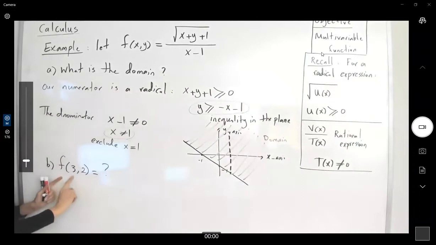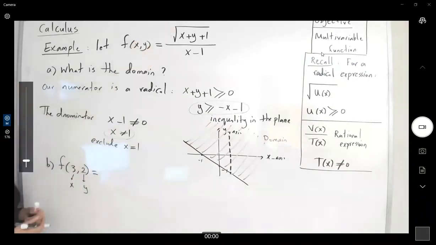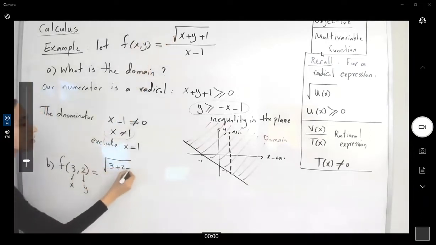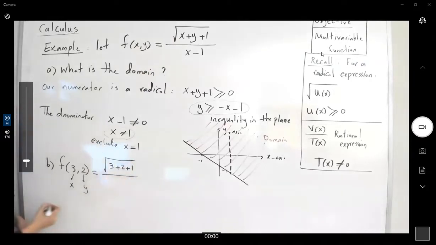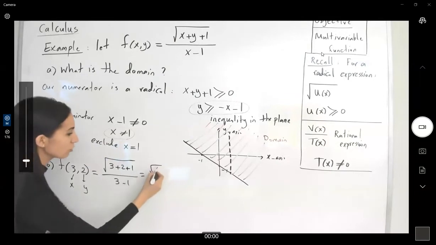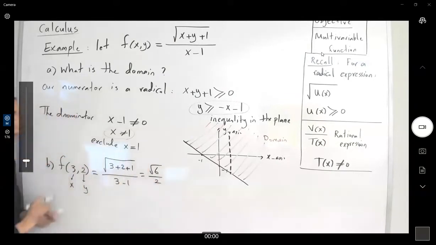What is f of 3 and 2? Your x is equal to 3, and your y is equal to 2. We have a nice formula here, so let's just plug that in. We have the square root of 3 plus 2 plus 1, divided by 3 minus 1, so the square root of 6 divided by 2.